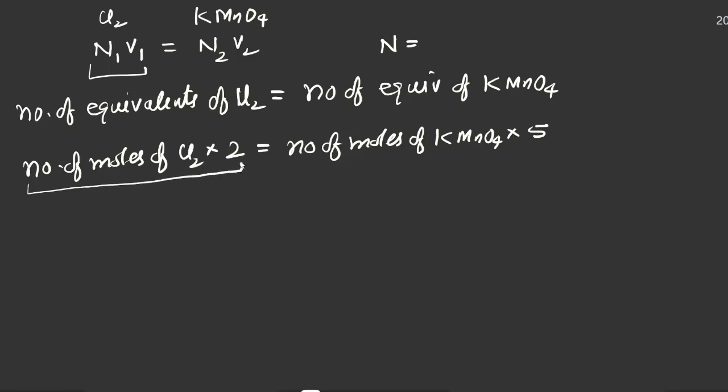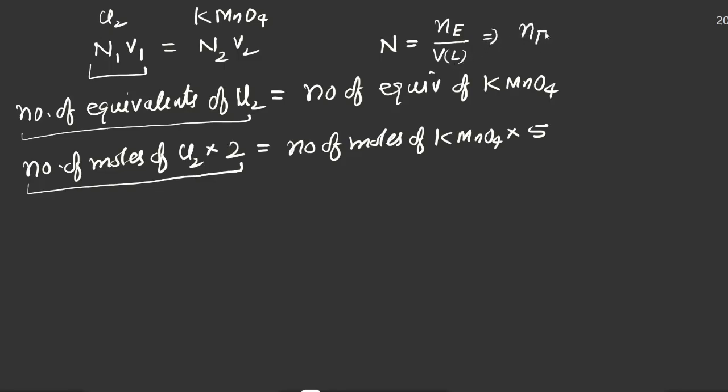See, these are the number of equivalents, right? Number of moles of Cl2 multiplied by 2. So now you want to multiply it by volume, right? Moles into n-factor into V1, or n2 into 2, moles into n-factor into V2 actually. But you know what N is? That is normality, the number of equivalents divided by volume, right?